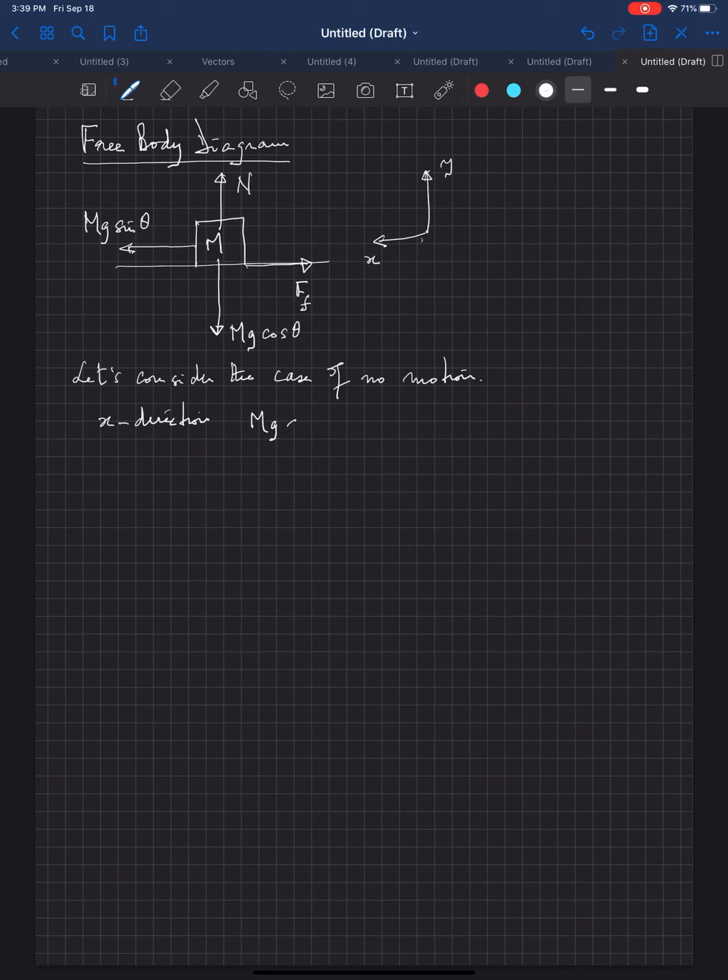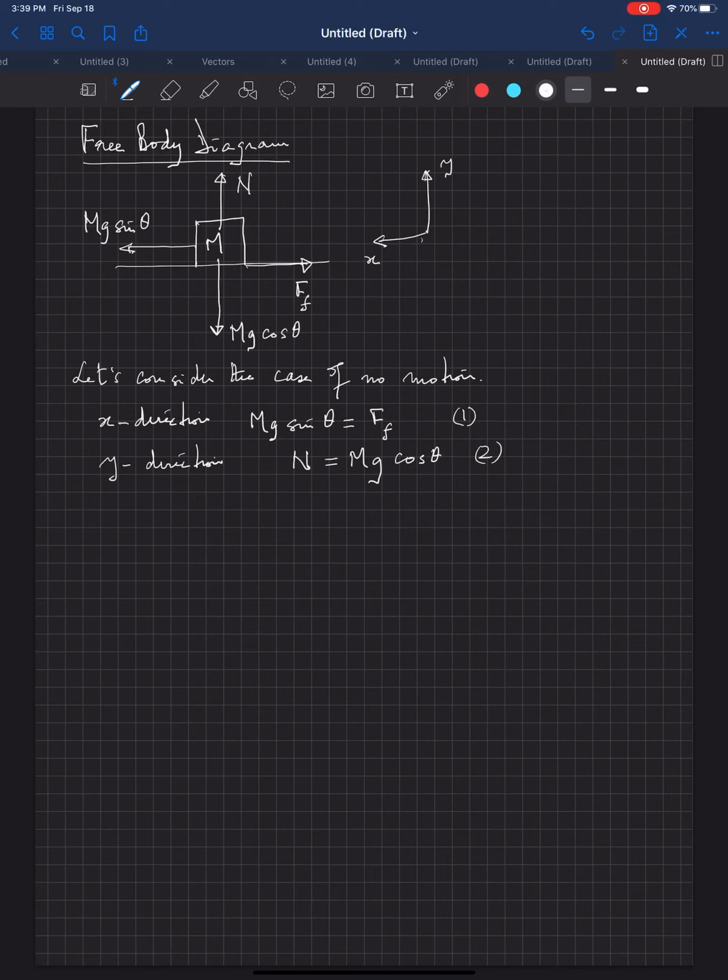mg sine theta equals the frictional force, and I'll call this equation 1. In the y direction, the normal force N is upwards, mg cosine theta is downwards, so you have N equals mg cosine theta, and I'll call this equation 2. All right?